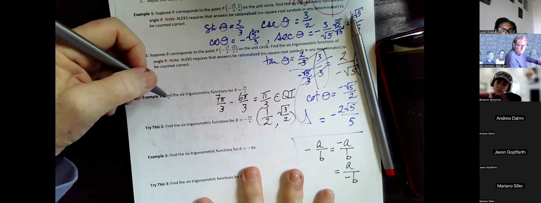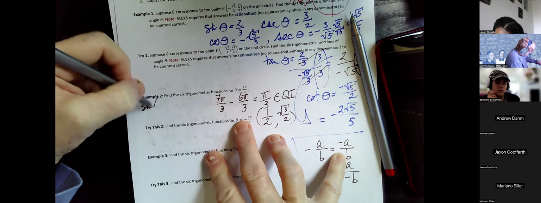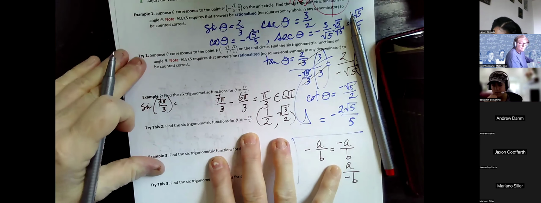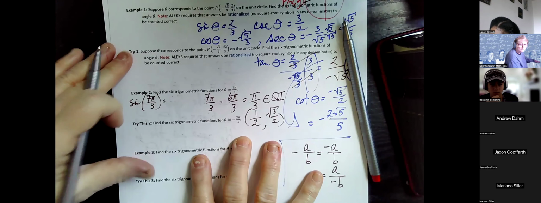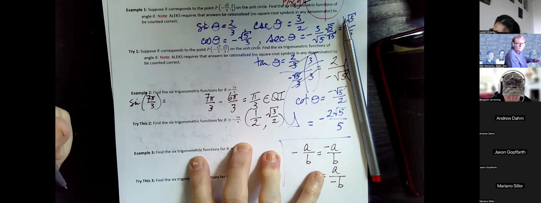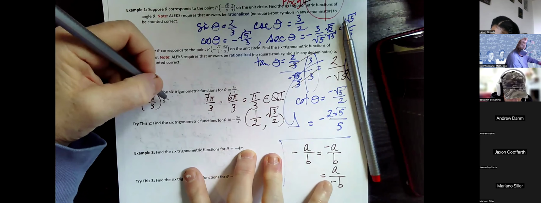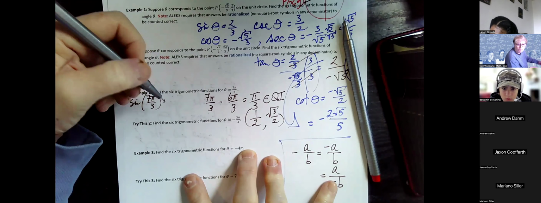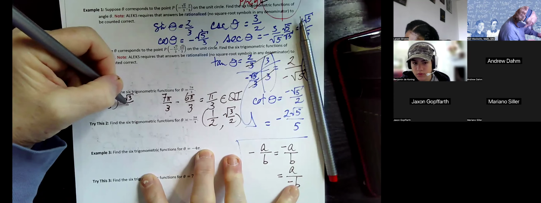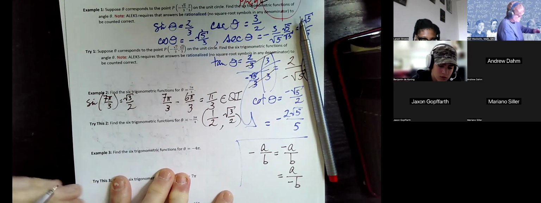So let's write down some of these. The sine of 7 pi over 3 is square root of 3 over 2. Beautiful. And which one do we always do at the same time as sine? Cosecant.